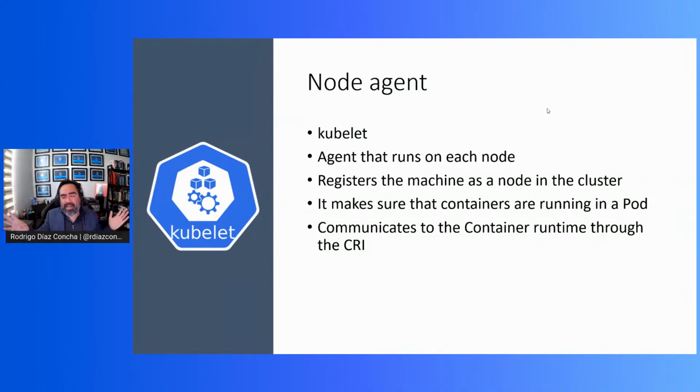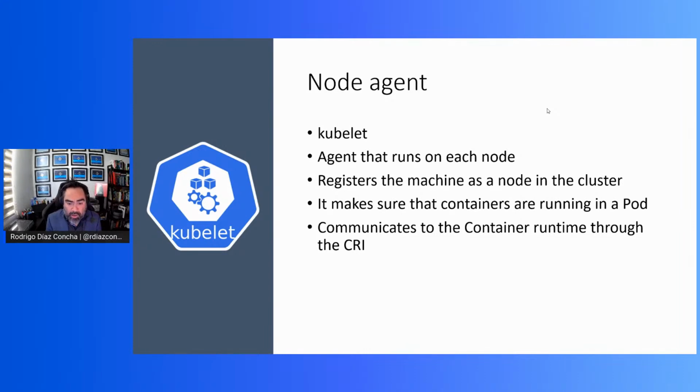Just imagine it's like an interface, an abstract class or something, and Kubernetes is using that abstract interface instead of the concrete implementation of the runtime. Okay, so if you think about it, it's interesting because you can use different container runtimes in a Kubernetes cluster.